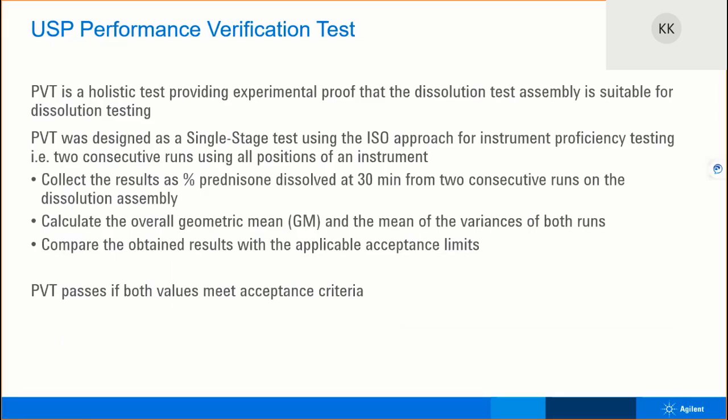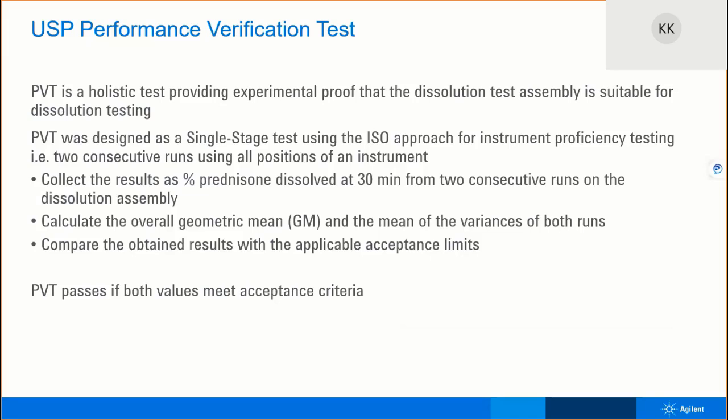So what else can we say about the PVT? The PVT is really a holistic test and provides experimental proof that the dissolution test assembly is suitable for dissolution testing. PVT was designed as a single-stage test using the ISO approach for instrument proficiency testing, which means 2 consecutive runs using all positions of an instrument. So you collect the results as percent prednisone dissolved at 30 minutes from 2 consecutive runs on the dissolution assembly.